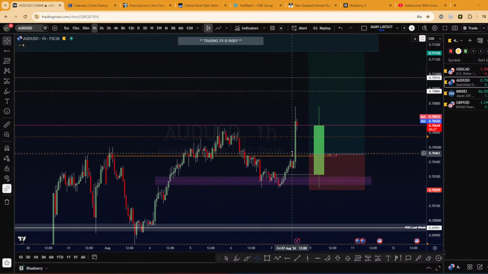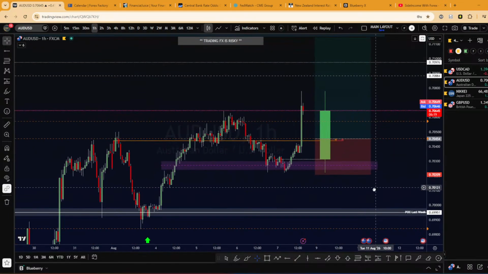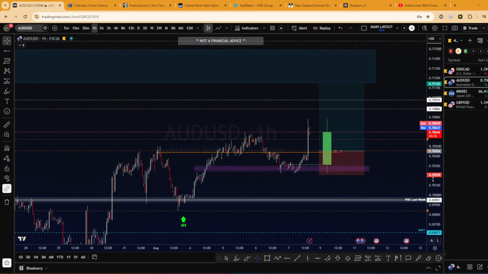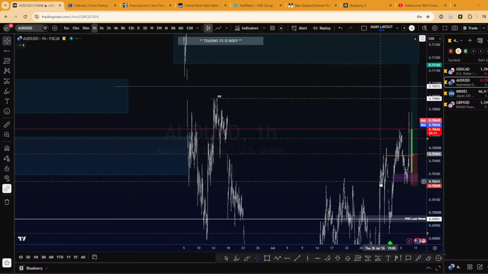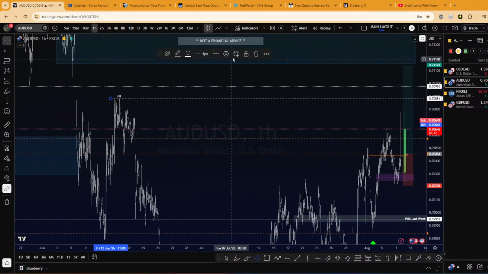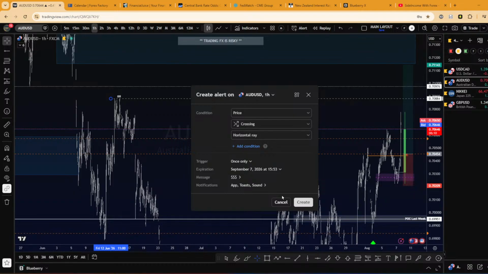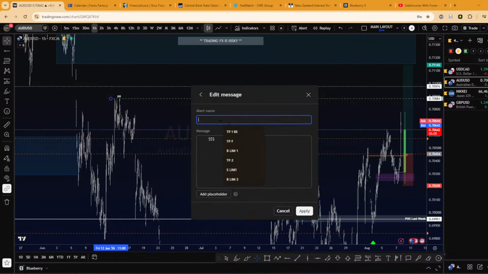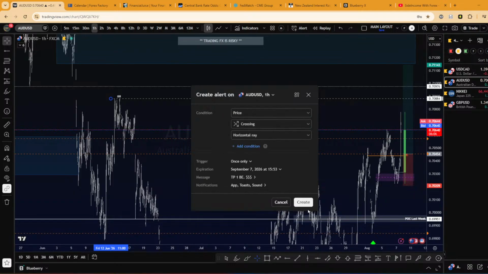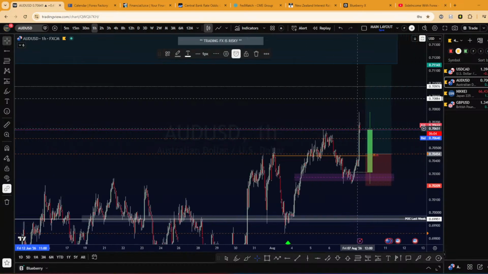Not even here, but also here. Stop just below this level, here as a TP one, break even in case.